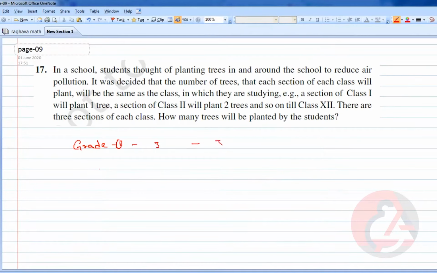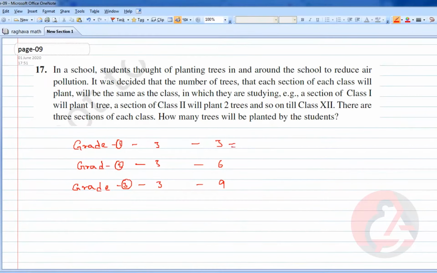Grade 2 also has 3 sections, but because it is grade 2, they will plant 6 trees. Grade 3? 9, sir. 9, because each section will plant 3 trees since they are in grade 3, so 3 sections will plant 9.